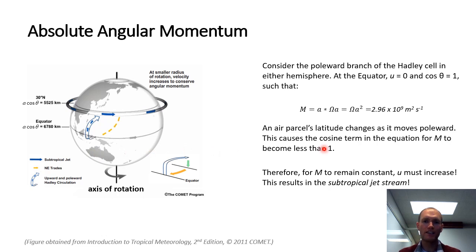So we can plug in different values of latitude and solve for the u wind because we know what the absolute angular momentum should be due to its conservation. That acceleration of u from west to east, or westerly wind, results in the subtropical jet stream aloft.